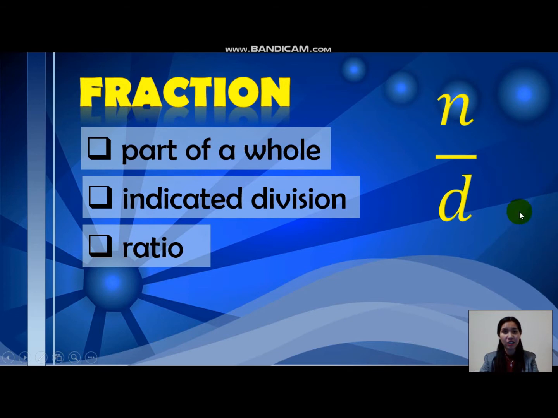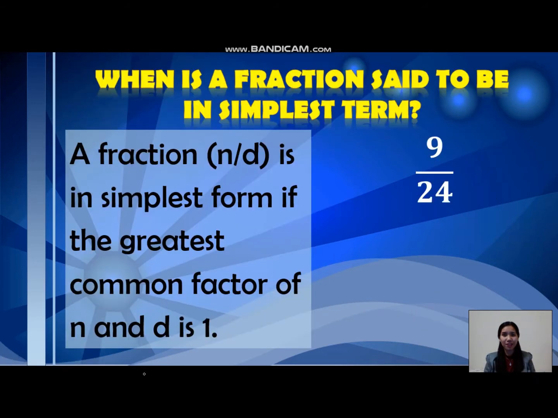As you can see here, it is in the form of a quotient of n over d, where n is the numerator and d is the denominator. When is a fraction said to be in simplest term? A fraction is in simplest form if the greatest common factor of the numerator and denominator is 1. So in this example, 9 over 24, we need to find first their GCF.